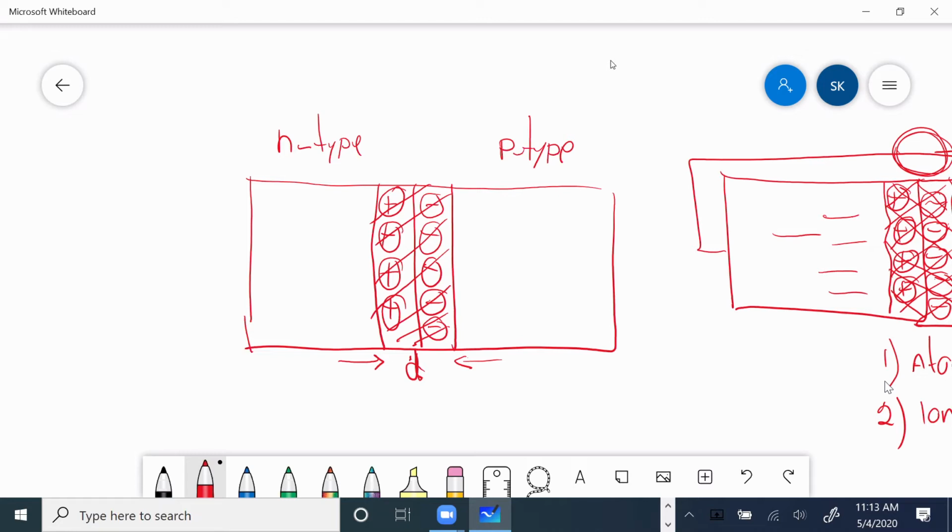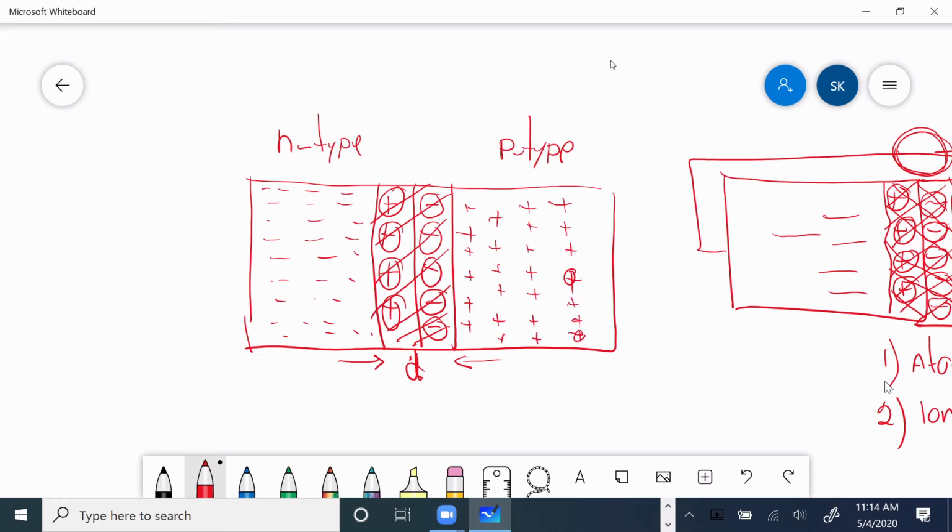So this is still N, full of electrons. Here, this material is still full of electrons, and this is full of holes all the way. So the material is still the same. Sorry, that is full of electrons.